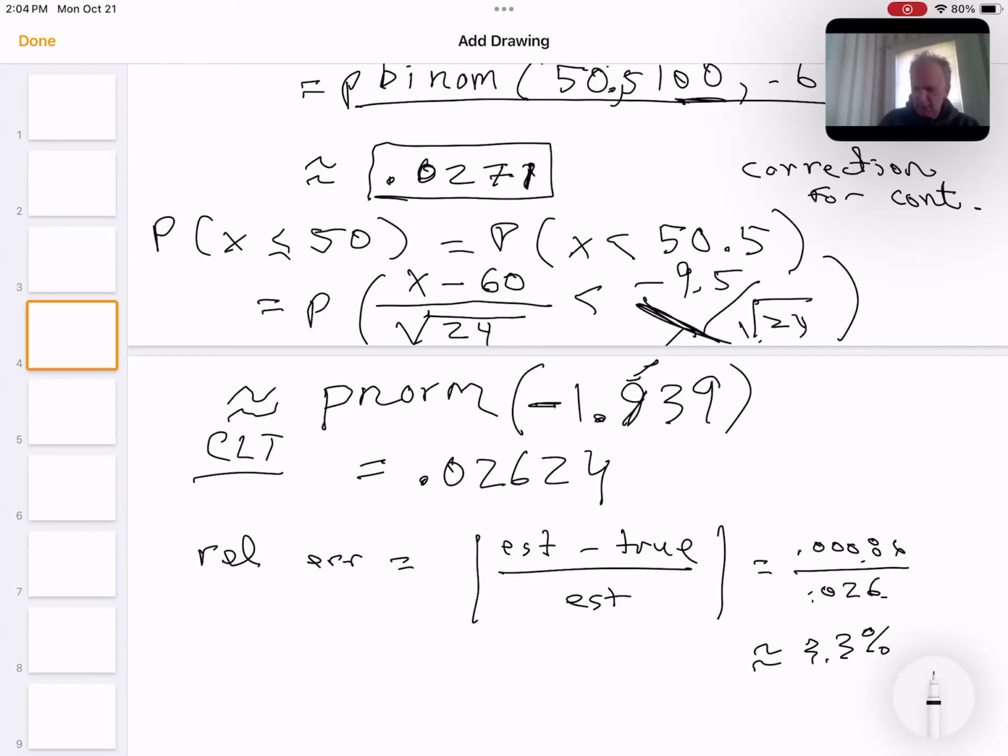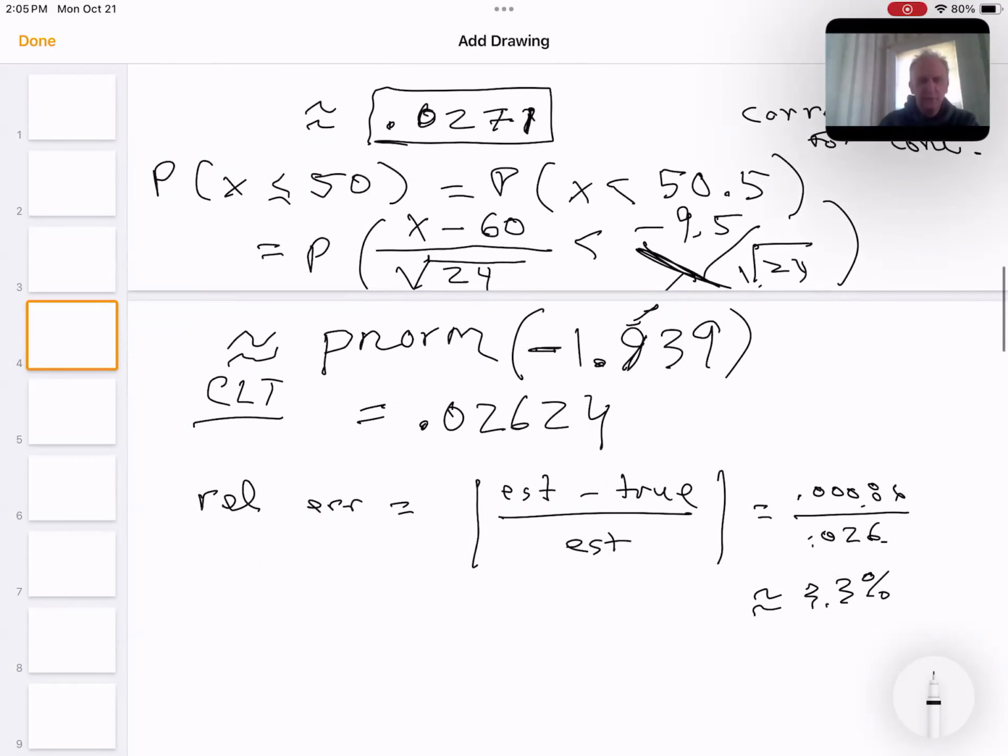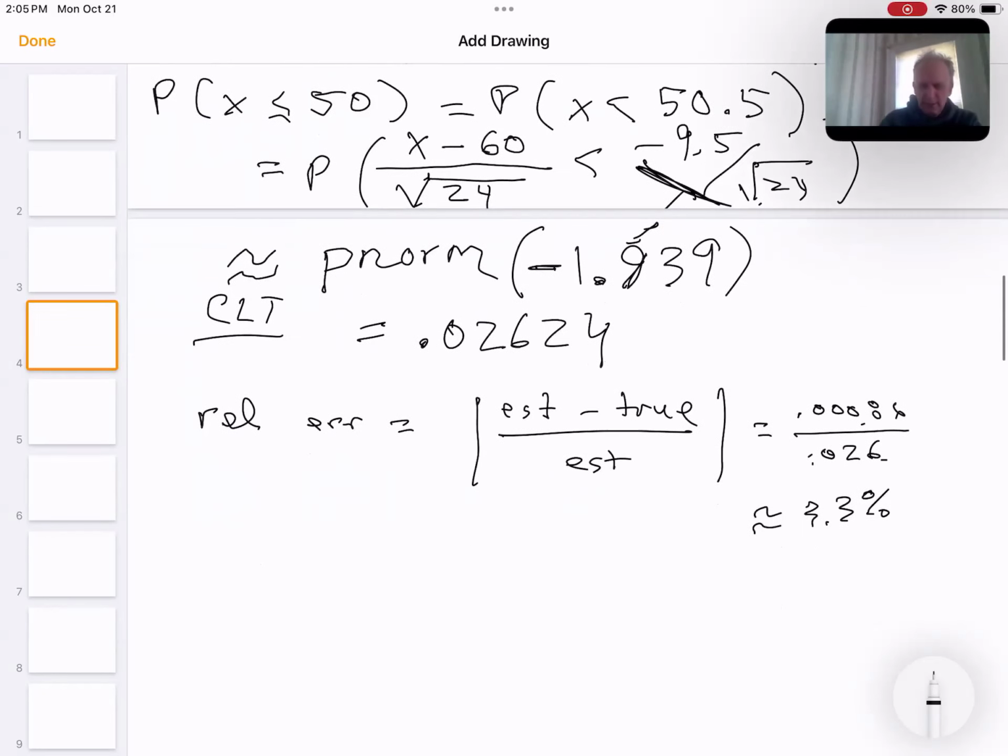Yeah, 0.8 over 26, 8 over 260. Yeah, 3.3%. Okay, that's not bad. It's not great, but it's not too bad, right? Looks pretty good. You don't want to see something like 30. Okay, so let's now try it with a bigger number.